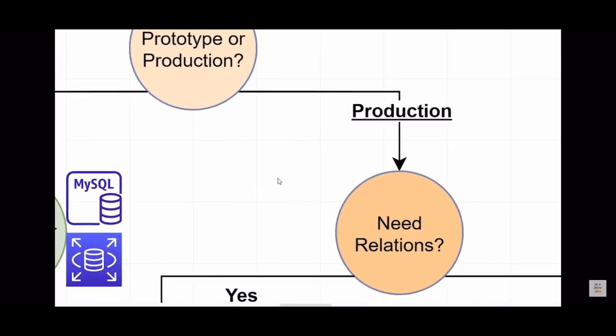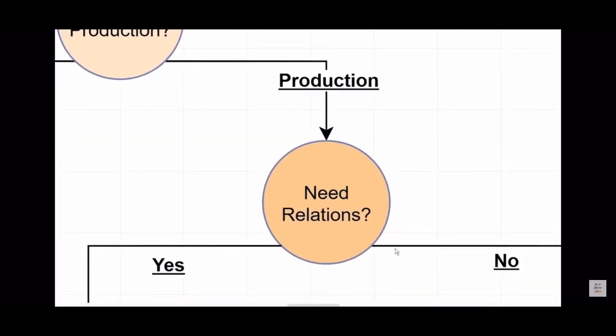If it's for production, then the next question we want to answer is, do you need relations or not? That is to say, do you need, for example, a transactions table that contains an order ID, and that order ID points to another table that contains more information about that order? If you need that kind of functionality, then we're going to go left in terms of needing relations.